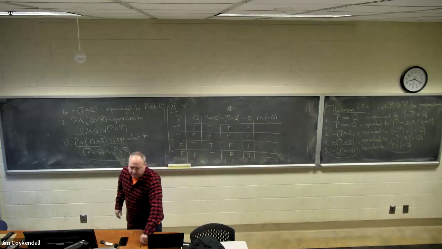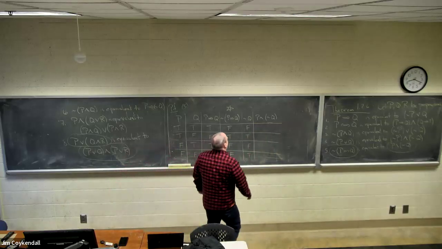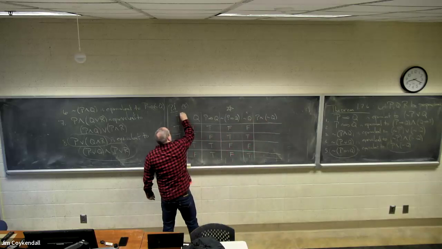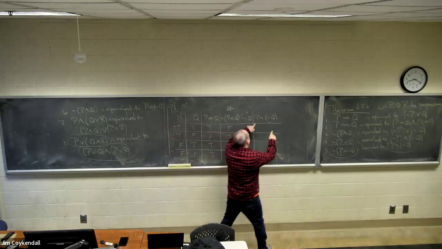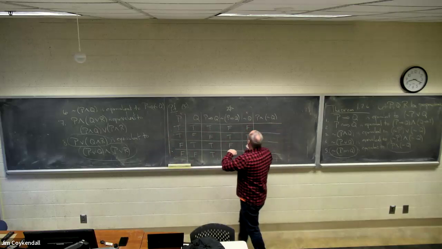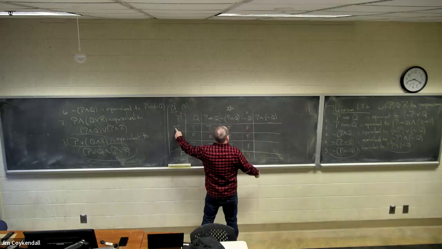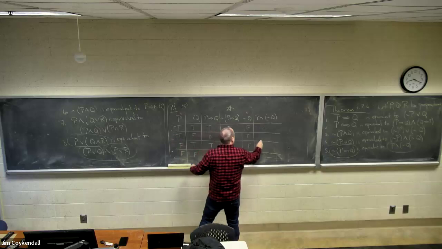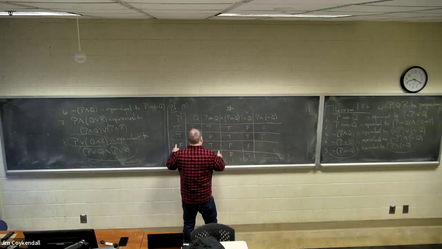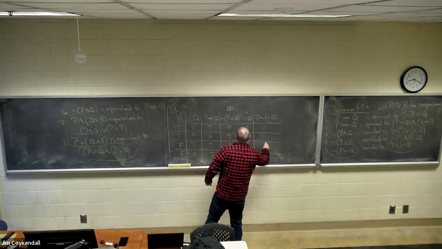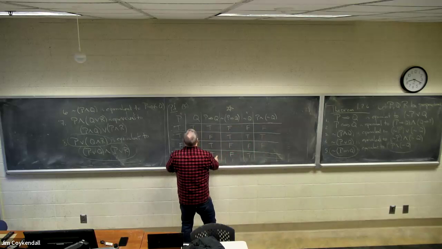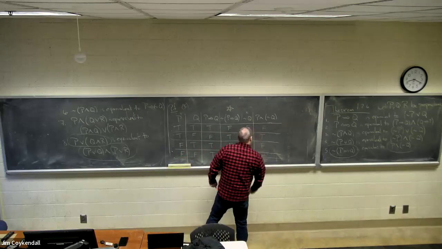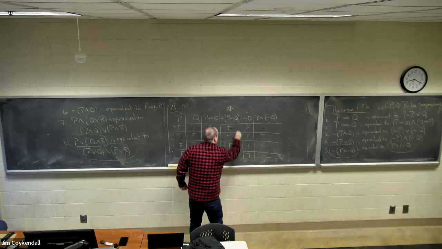And so the P and not Q. What do I have here? Let's check this out. We're P and not Q, so I'm looking at this and this. It's an and, so I need the double true to be true. So that should be false. That should be true. That should be false. And that should be false. So notice.